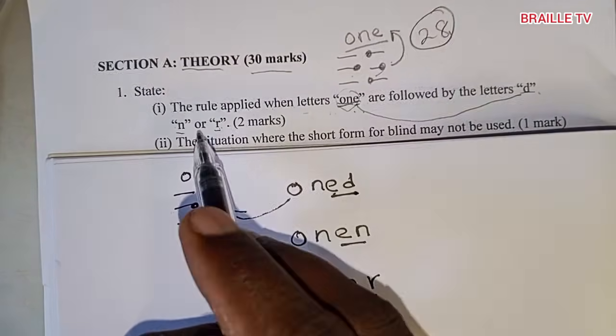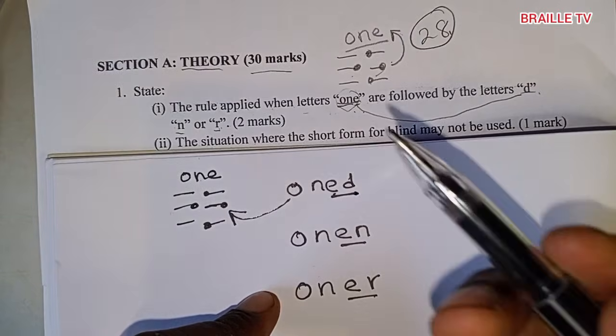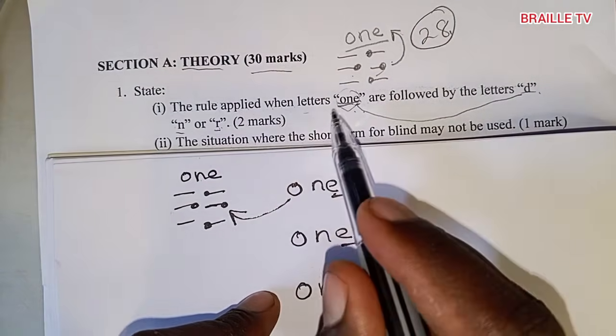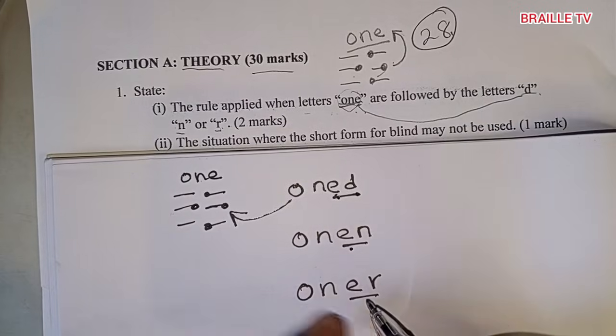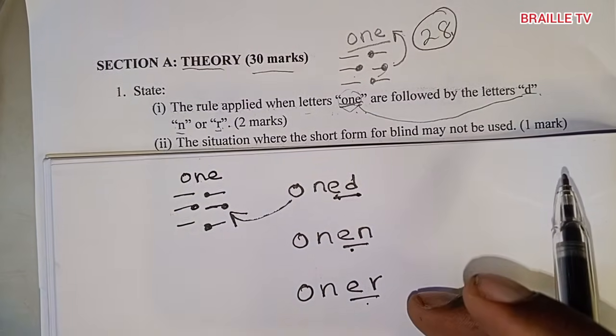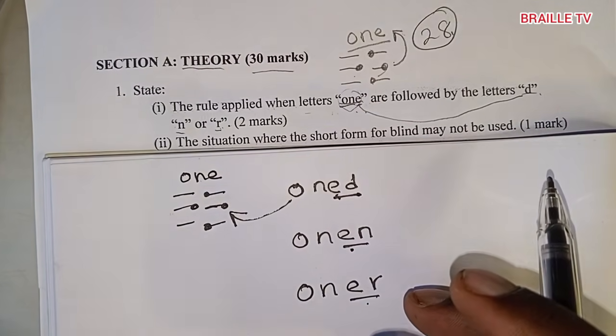So the rule applied here is that do not contract one, contract ED, EN, and ER. That is the rule.